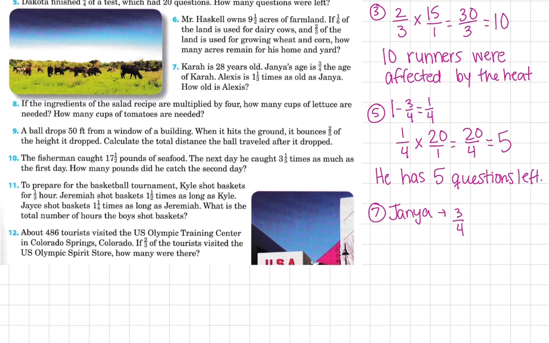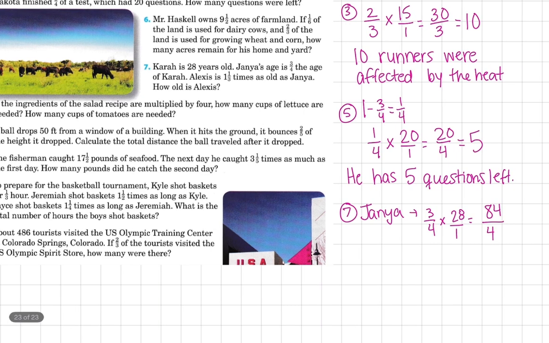How old is Kara? 28. So then we do 3 times 28, which is 84, divided by 4, which equals 21. So Jana is 21 years old.